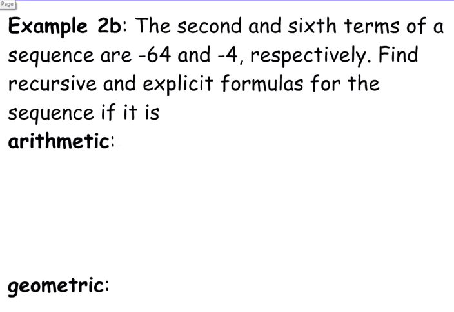All right, let's do one more like this, just to make sure we've got it. The second and sixth terms of the sequence are negative 64 and negative 4, respectively. We're doing the same thing. Third, fourth, fifth. This time it's the sixth, though.